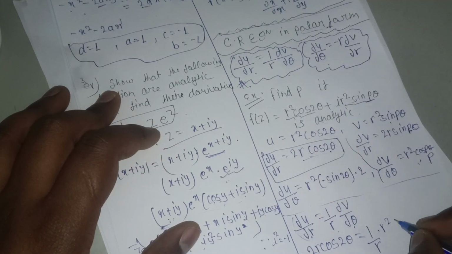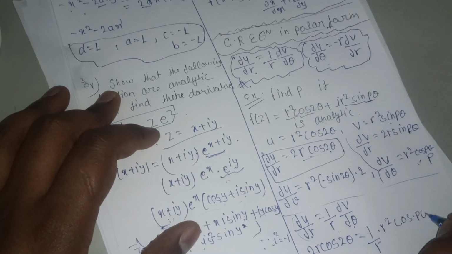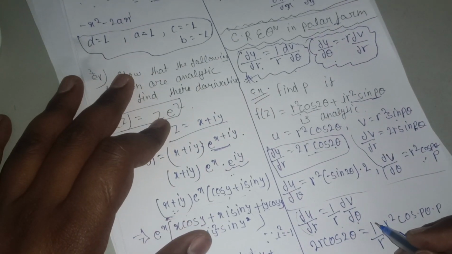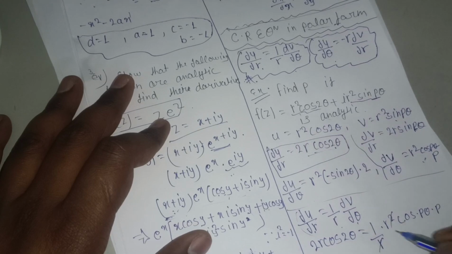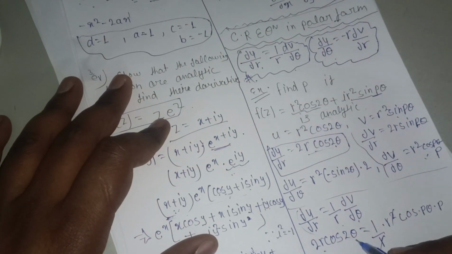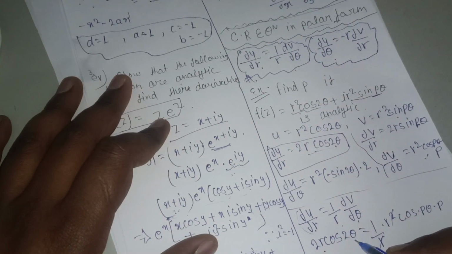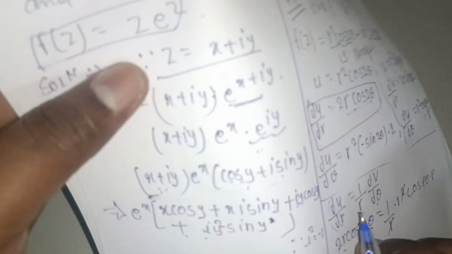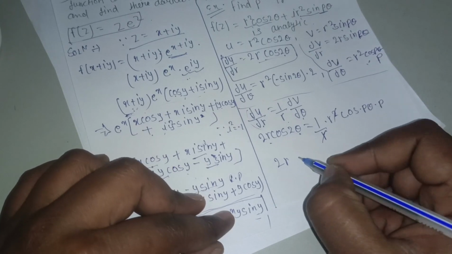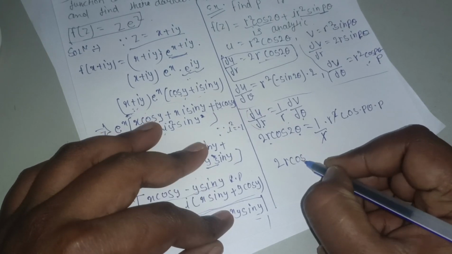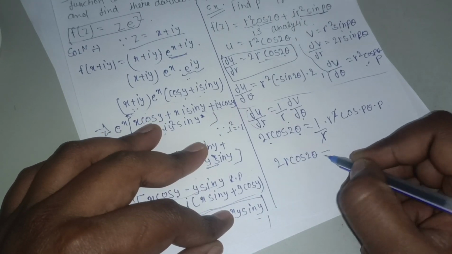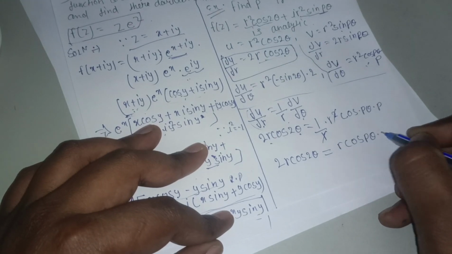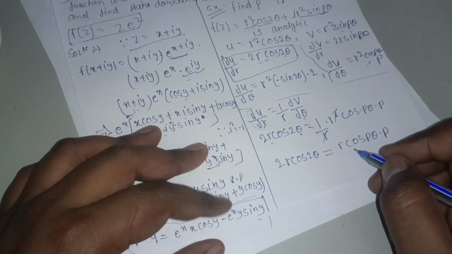Okay, so from here r and r cancel, and we can write 2r cos 2 theta is equal to r cos p theta into p.